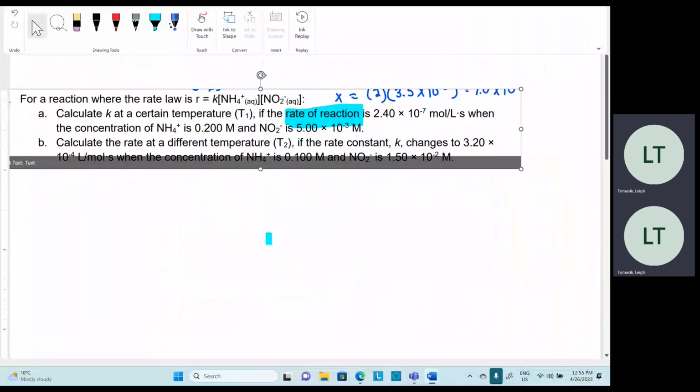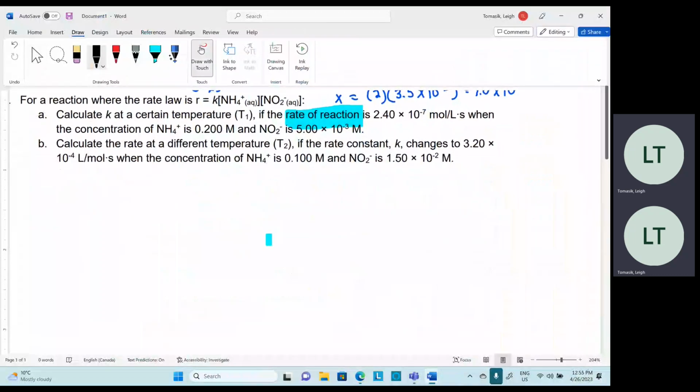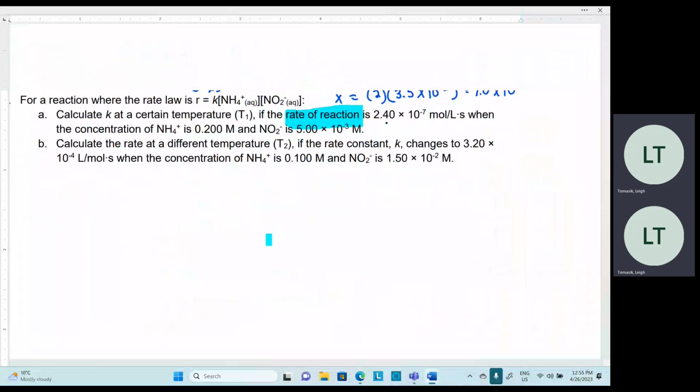They're giving us NH4 and NO2, and they're giving us the whole rate law already.